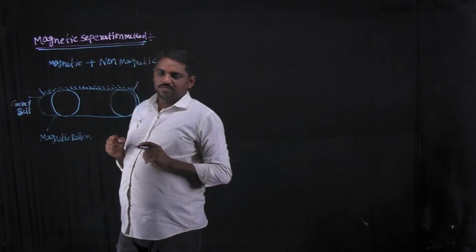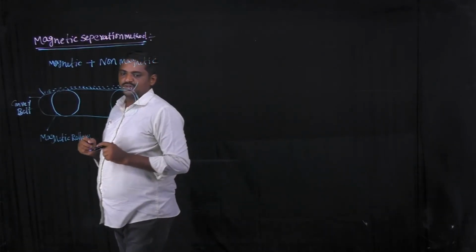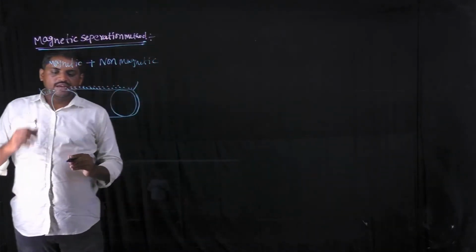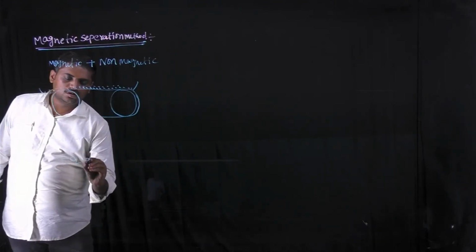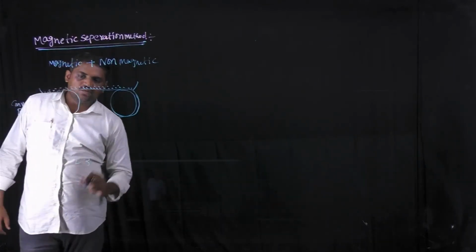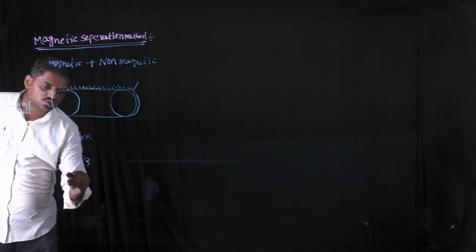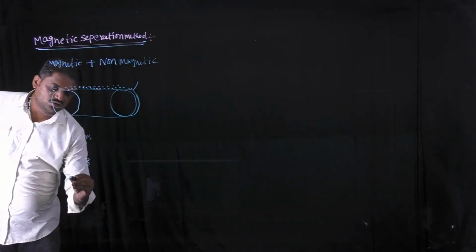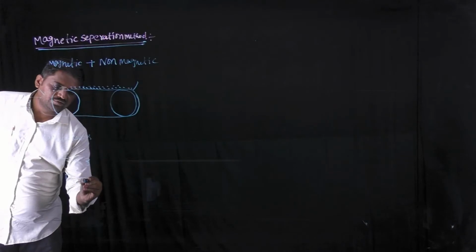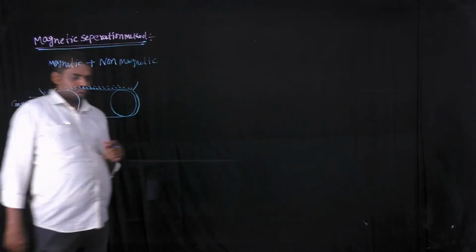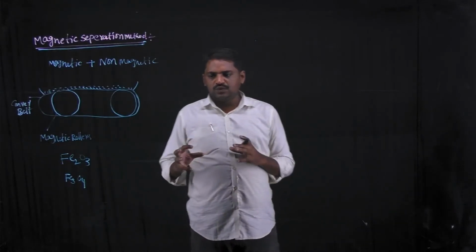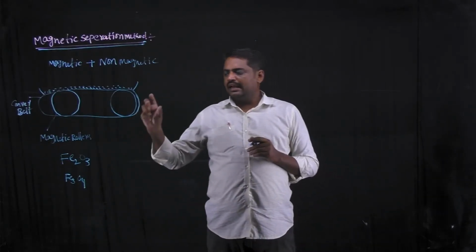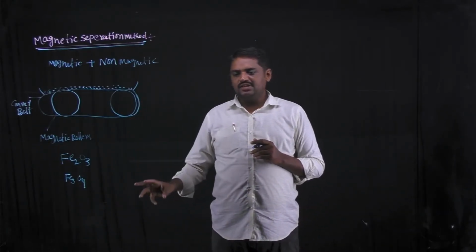For example, Fe2O3 and Fe3O4, that is, hematite and magnetite.